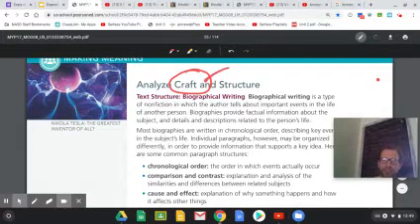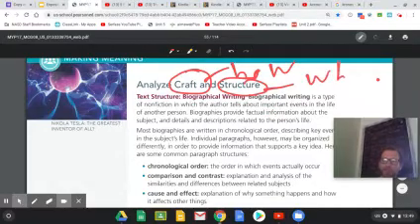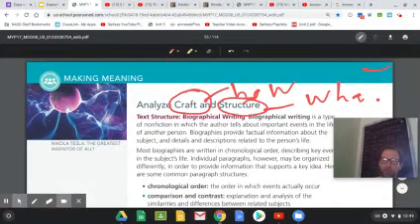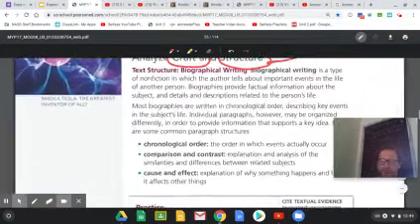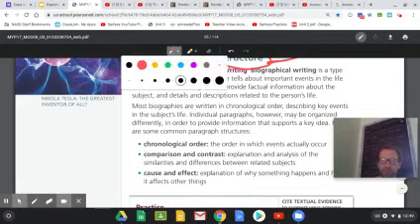Craft is the how an author achieves her or his purpose, and the structure is the what. Okay, so let's take a look.